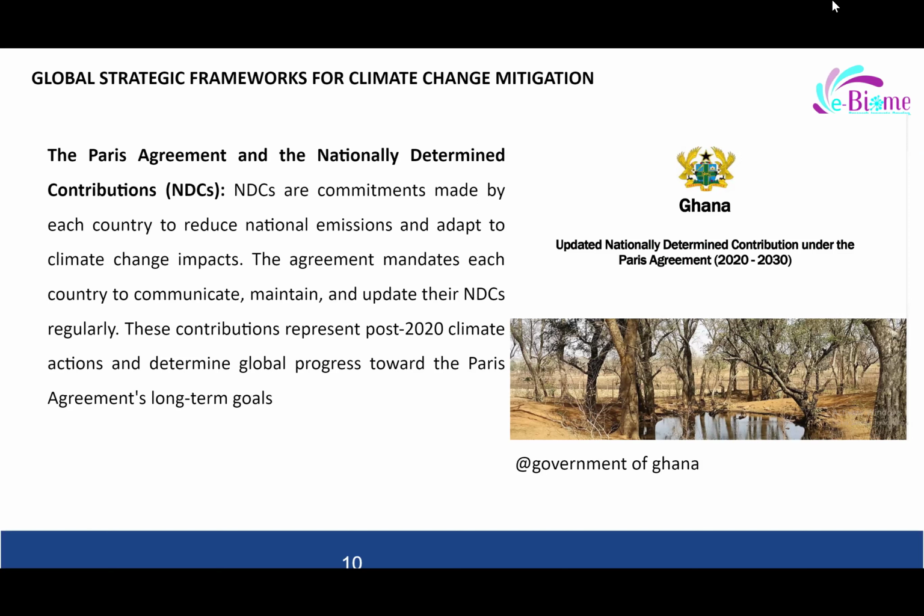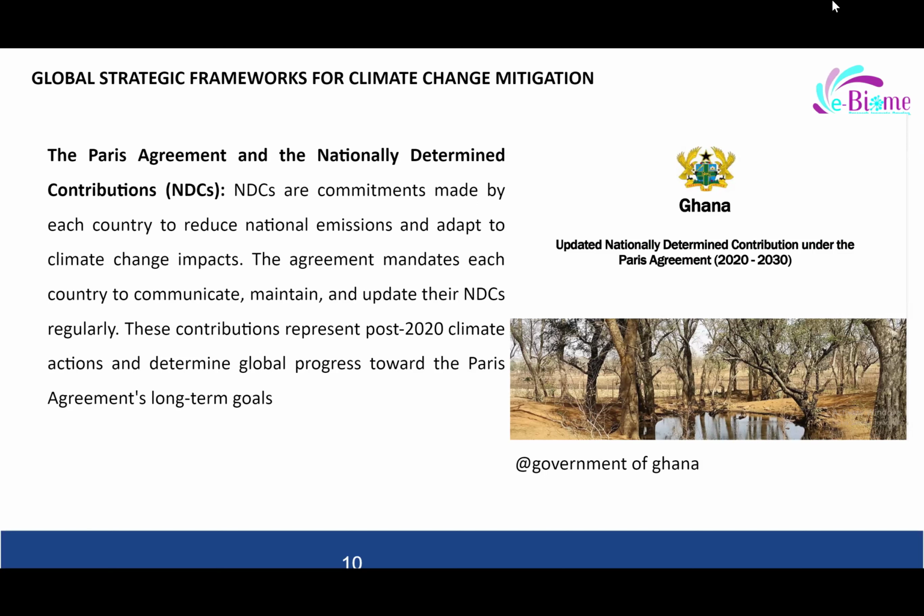What I've attached to the right of this slide is the updated nationally determined contribution from the Republic of Ghana, released by the government of Ghana and submitted to the UNFCCC. This document outlines the country's measures to reduce carbon dioxide emissions and ensure that its citizens are able to adapt to climate change.